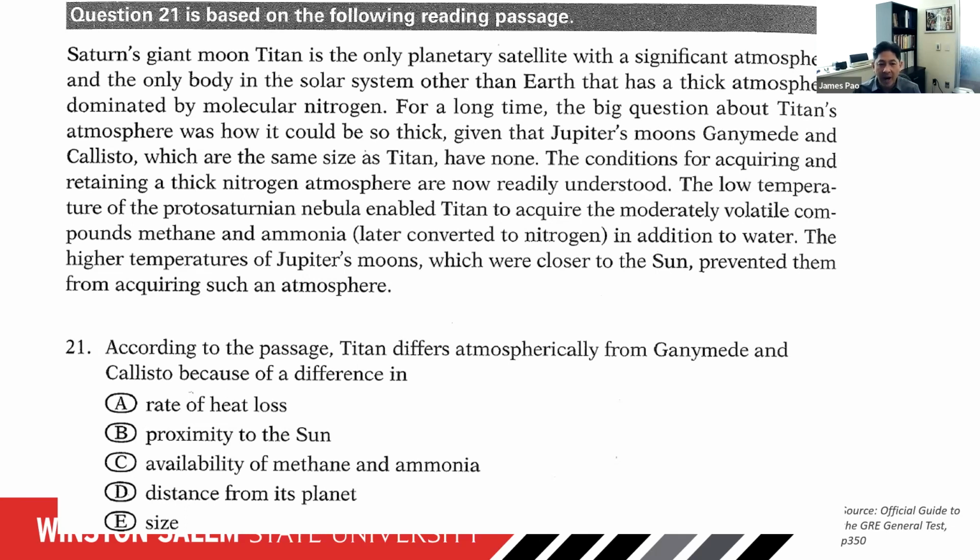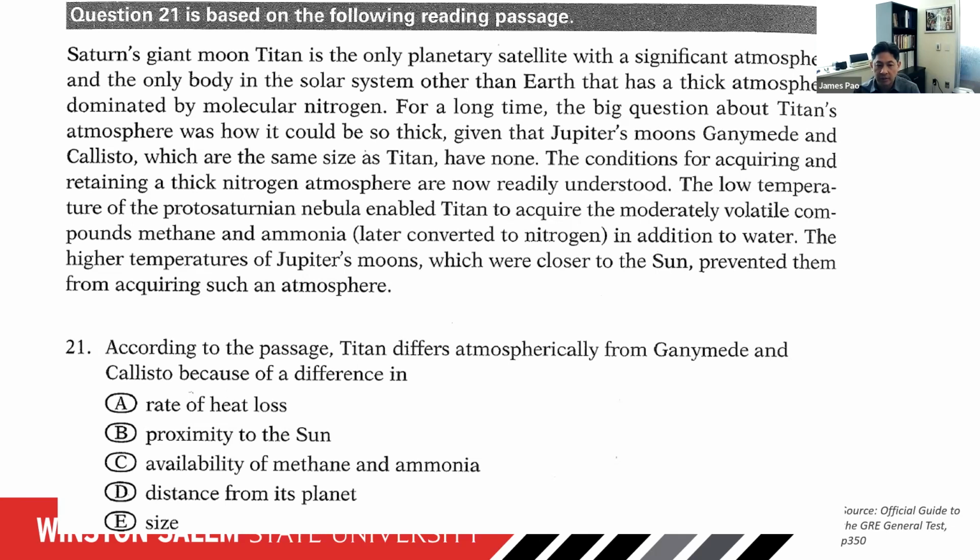The conditions for acquiring and retaining a thick nitrogen atmosphere are now readily understood. The low temperature of the Proto-Saturnian nebula enabled Titan to acquire the moderately volatile compounds methane and ammonia, later converted to nitrogen, in addition to water. The higher temperatures of Jupiter's moons, which were closer to the sun, prevented them from acquiring such an atmosphere.